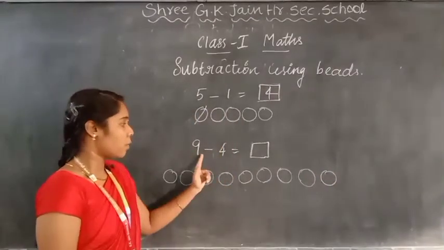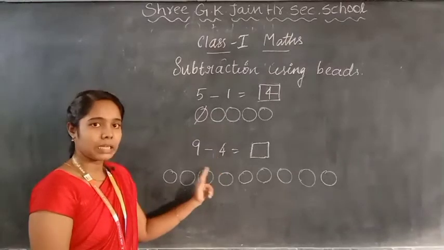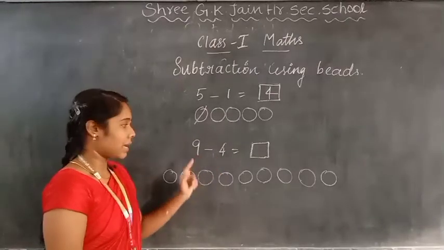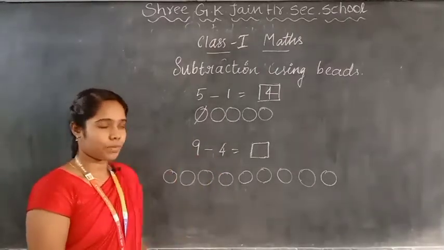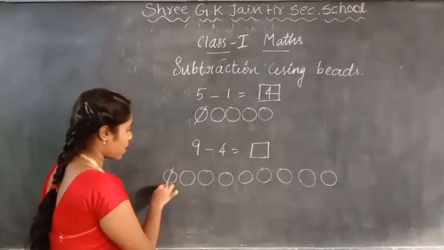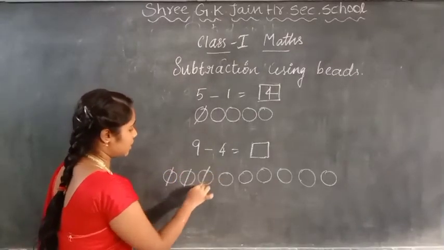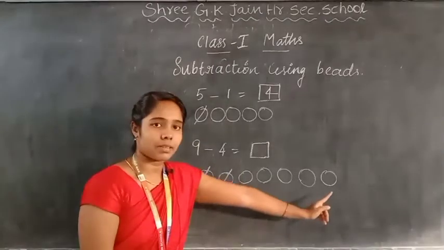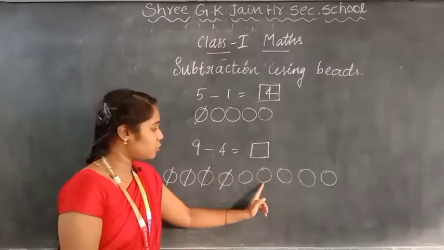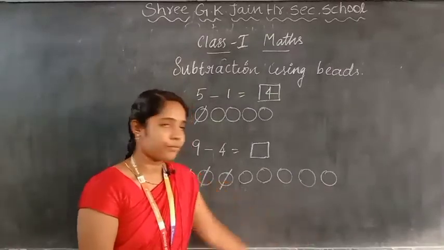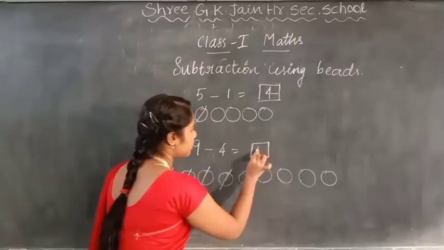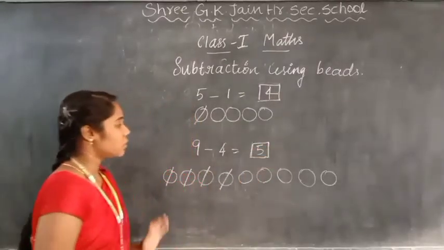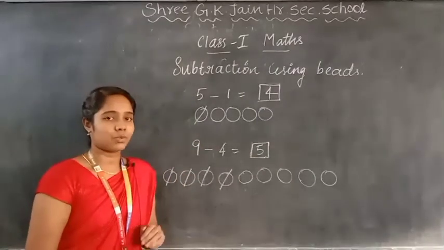Now how many beads should we subtract from 9? 9 minus 4. That means we have to subtract 4 beads. So shall we cancel? 1, 2, 3, 4. We cancelled it out. Now how many beads are remaining? 1, 2, 3, 4 and 5. So what is the answer? 5 is the answer. So this is how you should subtract using beads.